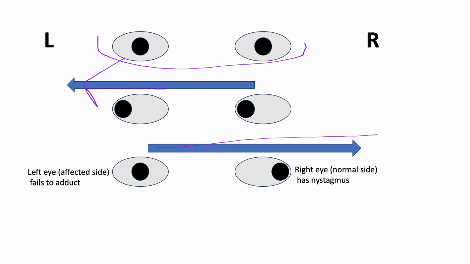And when we tell the patient to look towards the right, what's going to happen is that this eye, which is the normal, the right eye, is going to abduct. It's going to go laterally, but it's going to have nystagmus. This is the normal side. It's going to have nystagmus, while the left eye will fail to adduct. This is the left MLF lesion, and it's going to stay in the midline. So high yield internuclear ophthalmoplegia to know for the boards.